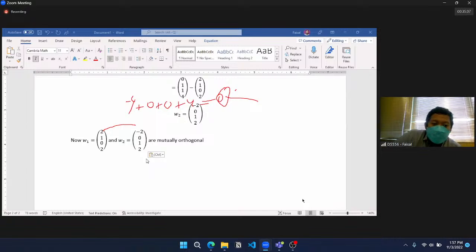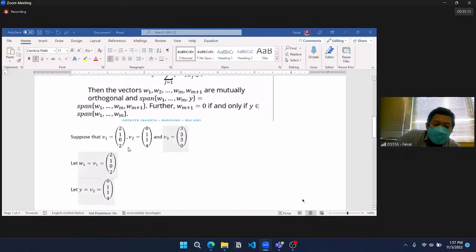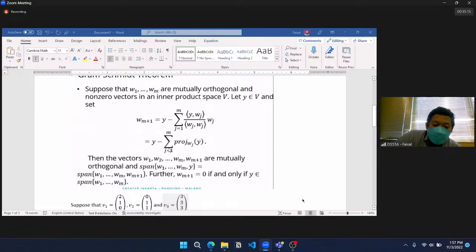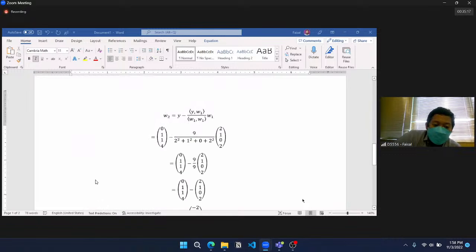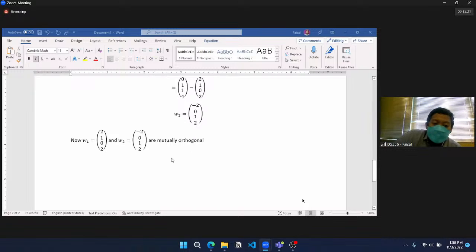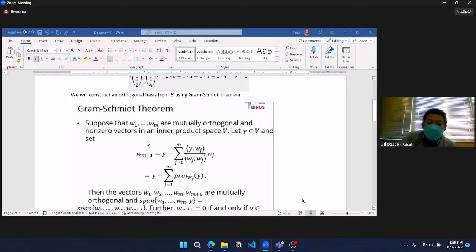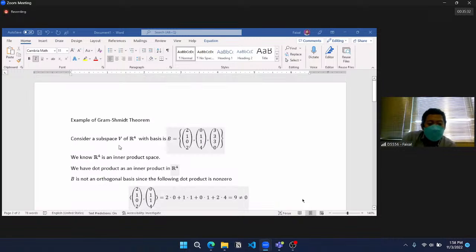So in the first steps, we only have W1 and then we compute W2 from this formula. Now we have two vectors which are mutually orthogonal. Now we continue the process to get W3, because the basis of V always has three vectors.